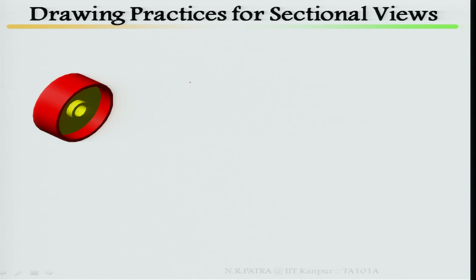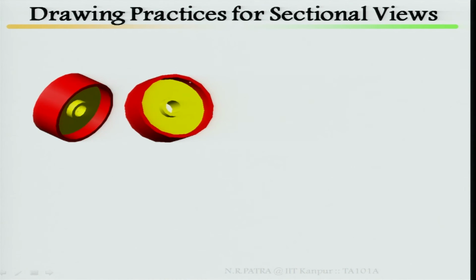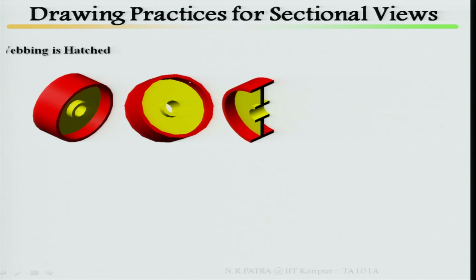Start with this typical, you can say this is an assembly. If you remember well, the different types of sectioning: full sectioning, half sectioning, offset, aligned, rotated, removed, and the other one is your assembled section. Now we are coming to assembled section.